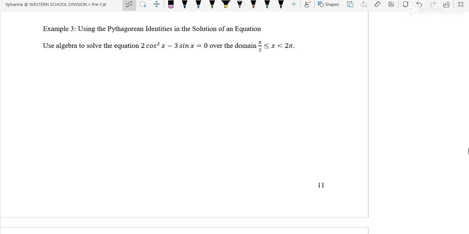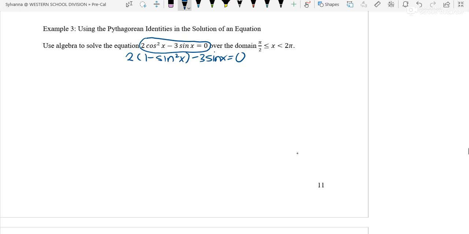Okay, now we're not going to prove identities now, but we're going to solve for them. So this is our equation we have here, and just by looking at the cos squared x, I can change that to sine x, so all of this is consistently sine x. So cos squared x is 1 minus sine squared x, and it's all minus 3 sine x, and that's equal to 0.